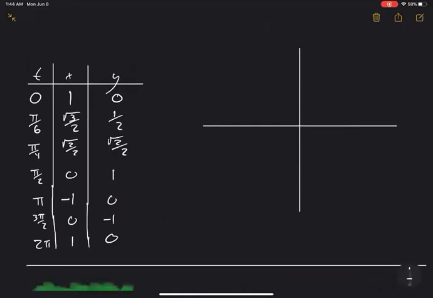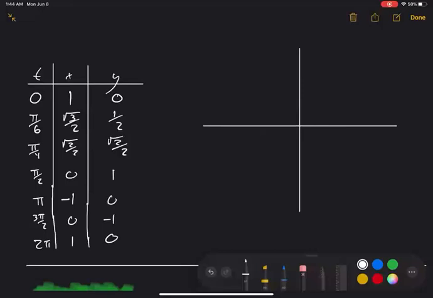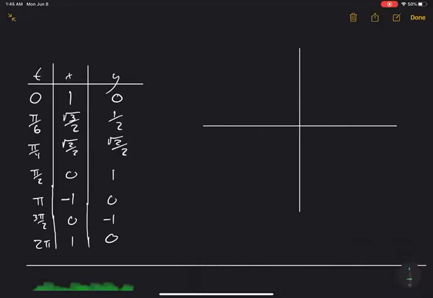So let's graph these points, and I'll do them in green again. Let's start at time 0. At time 0, I'm at the point 1, 0, which we'll put here. Okay. And what about at time pi over 6? We'd be at square root of 3 over 2 and 1/2, which would be something like here. And then let's jump to pi over 2.